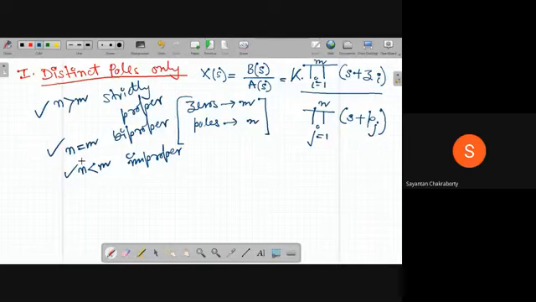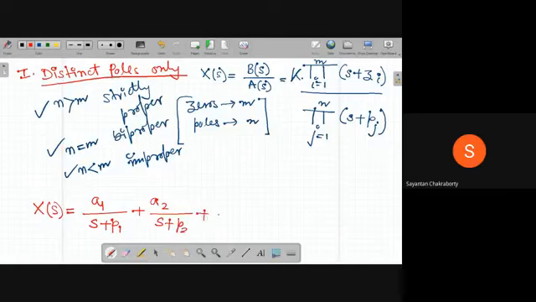Okay, so once this is given, what will be your next step? You have to obtain X(s) in the form, say, A1/(s+p1) + A2/(s+p2) up to An/(s+pn). So what you need to calculate is this A1, A2, up to An. What are these? These are the residues of X(s) at that particular pole, s equal to -p1, s equal to -p2, s equal to -pn.